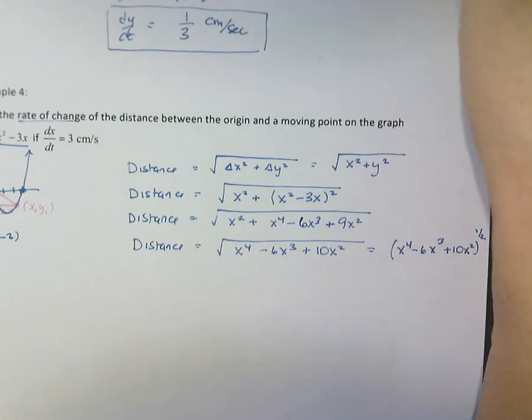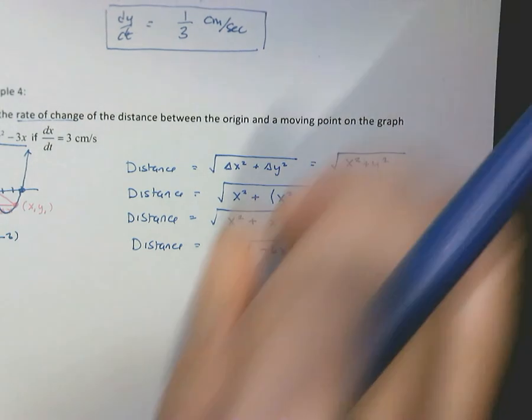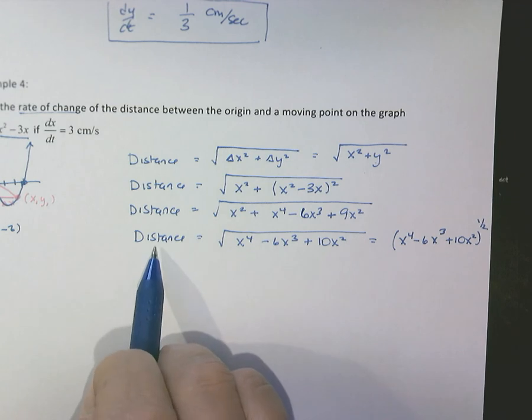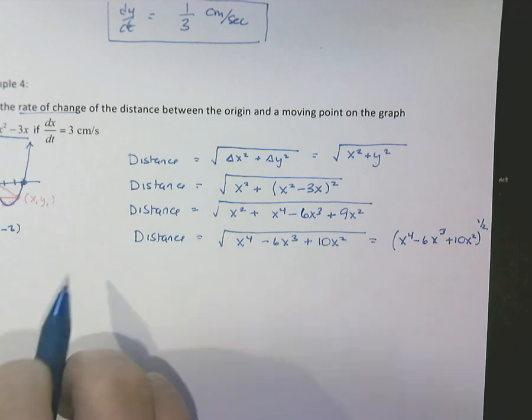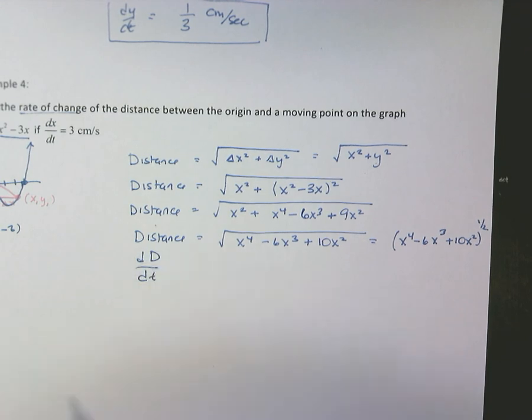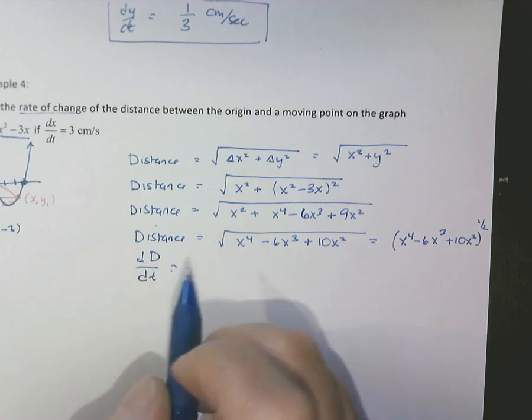Makes it a lot easier for me to think of my derivative when I have an exponent as a fraction rather than a square root. So now I want to take the derivative of the distance with respect to time. So instead of writing out the word distance now, I'm going to say d, and then you could use a capital D, dt. I need to use a chain rule.